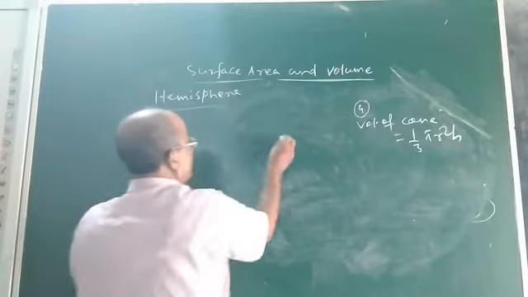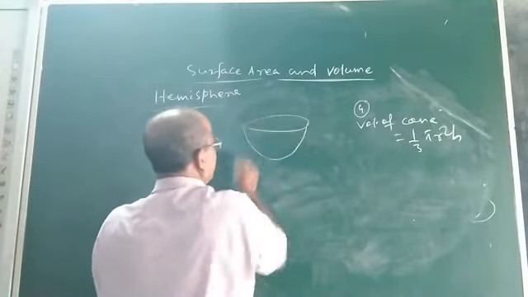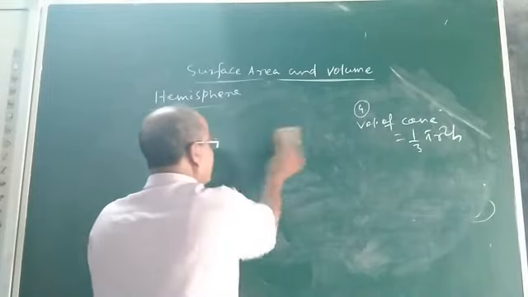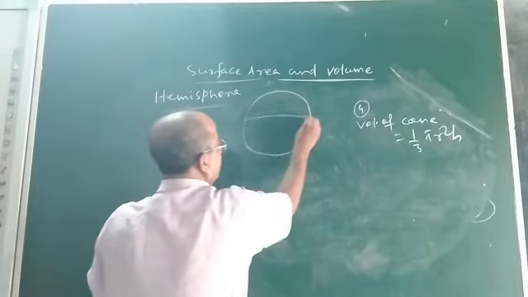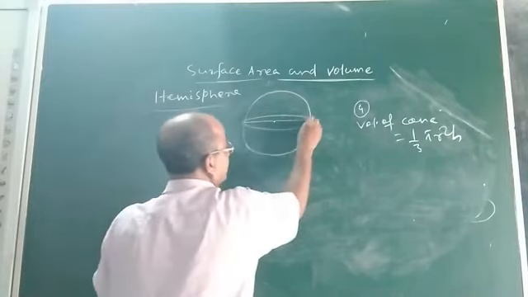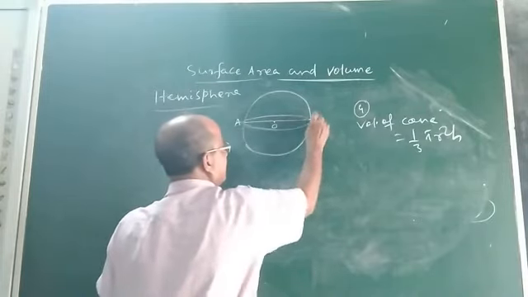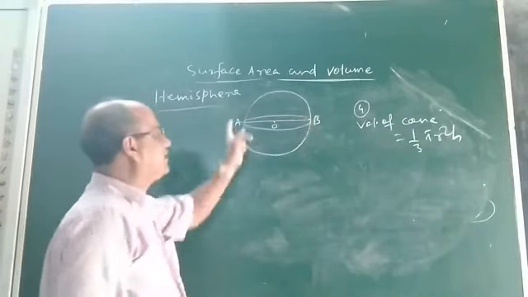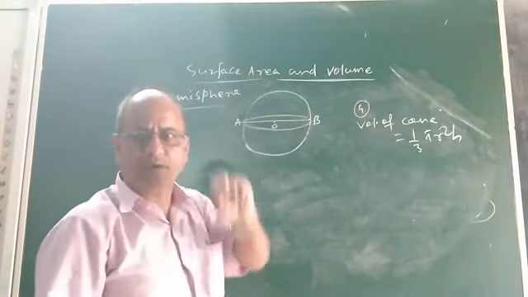Let us draw the figure of a sphere once again. Suppose this is our sphere. This is the center. Now you join this; suppose this is O, this is A, this is B. The diameter of the sphere divides the entire sphere into two equal halves.